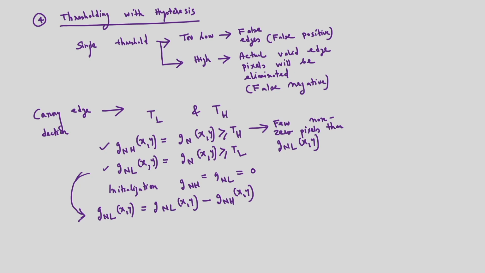It means all the non-zero pixels in G_NH will be contained in G_NL(x,y). So I am writing this, and that is why all the non-zero pixels in G_NH(x,y) will be contained in G_NL(x,y).